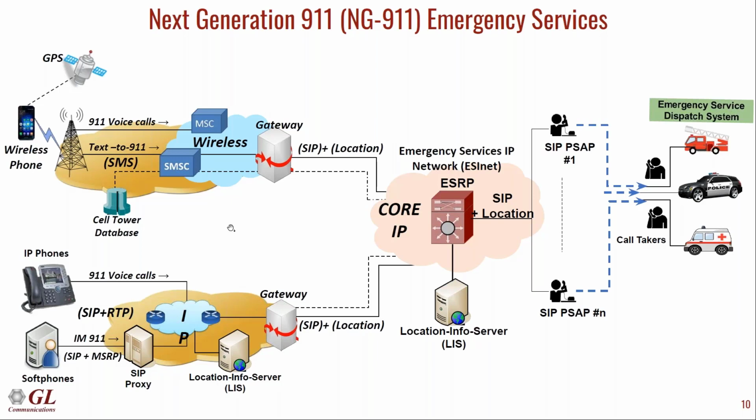Because that's obviously very important also in emergency situations, we have the ability to do that as well. We can send text messages, we can make voice calls, we can do it over all sorts of different protocols. And again, we're testing this selective router here and seeing if it can handle the various types of traffic at high load and distribute the call to the PSAPs and so on.